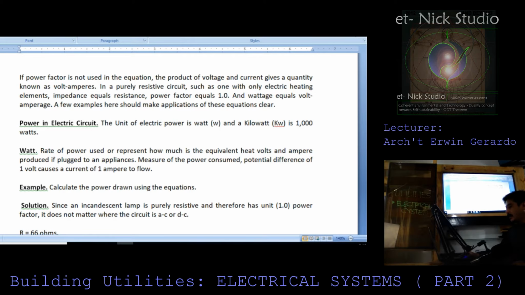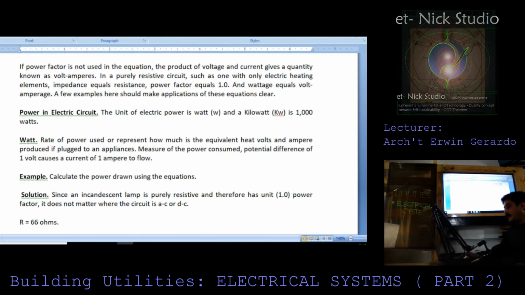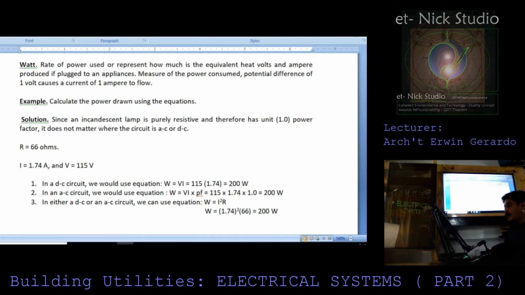Example: calculate the power drawn using the equation. Solution: since an incandescent lamp is purely resistive and therefore has unit 1 power factor, it does not matter whether the circuit is AC or DC.